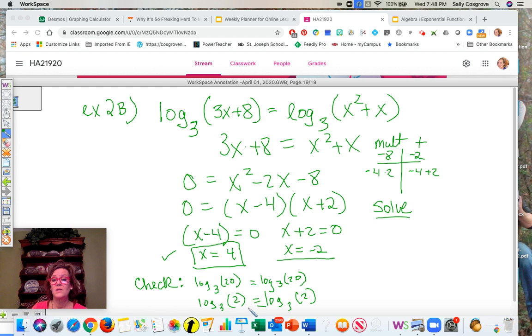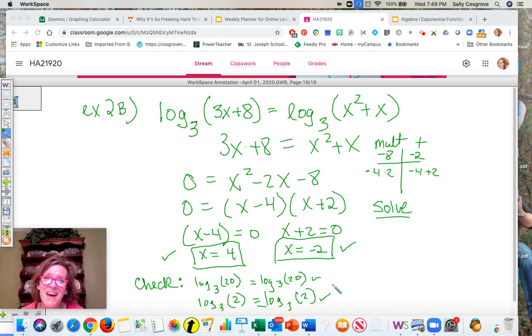Do those equal each other? They do. Can you take the log of 2? Yep, it's not out of the domain. So this one works as well. They both work. The first one works and the second works.